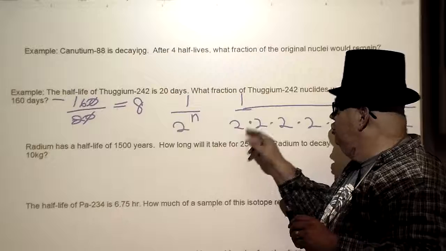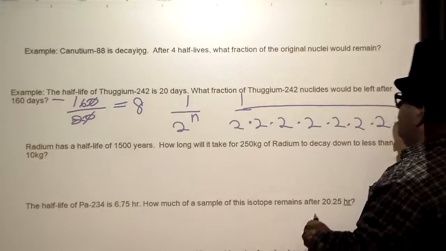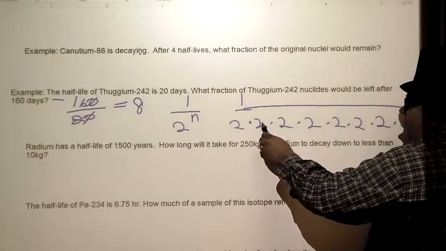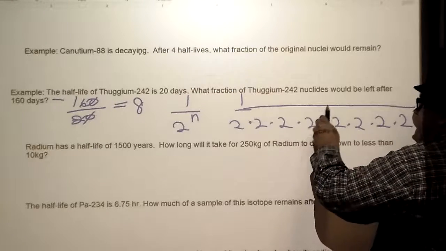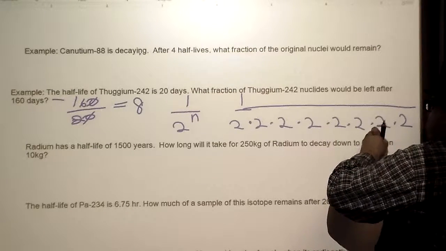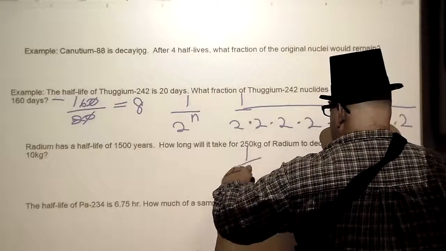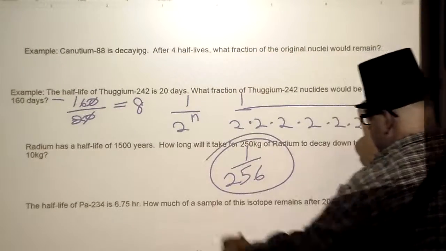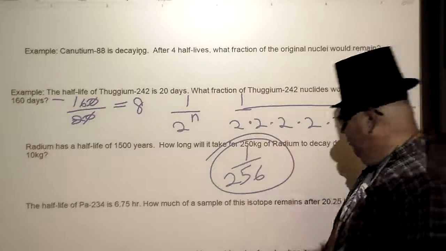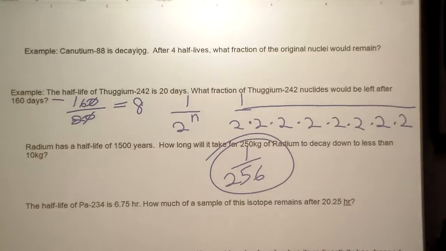It's 2 times 2 times 2 times 2 times 2. So 2, 4, 8, 16, 32, 64, 128, 256. The fraction is 1 over 256. And that's the answer for this one.